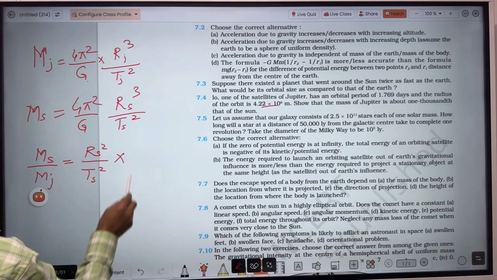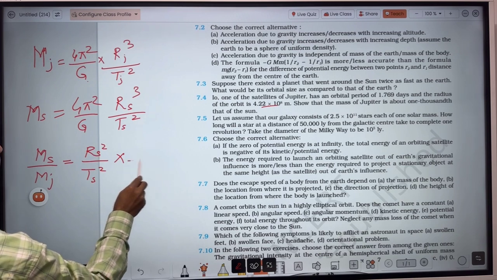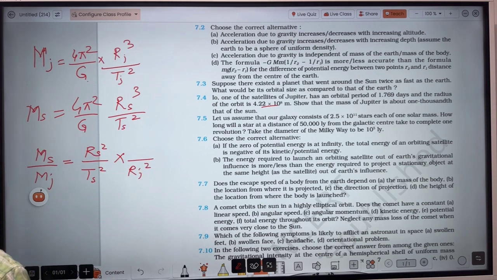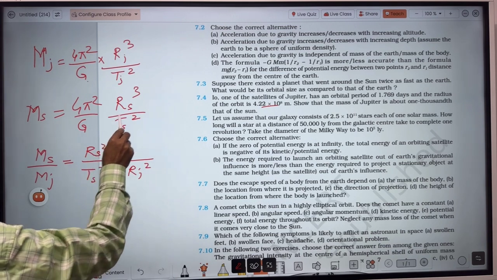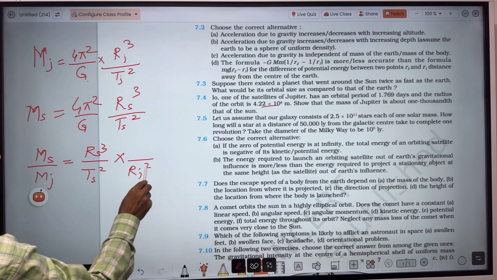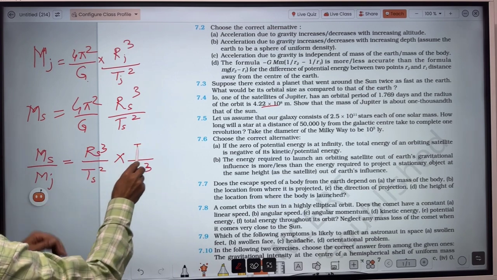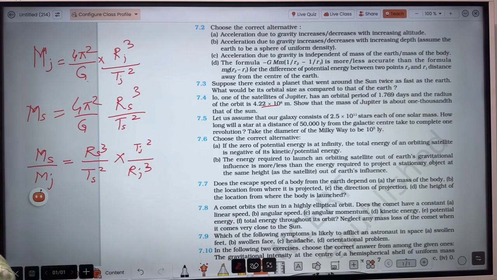Then here this will go in denominator: r Jupiter cube and T Jupiter square, right? I think up to here there is no doubt.